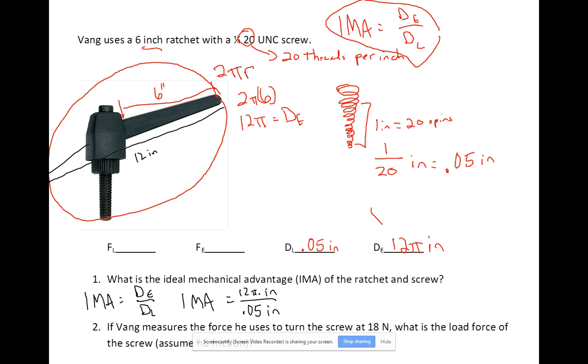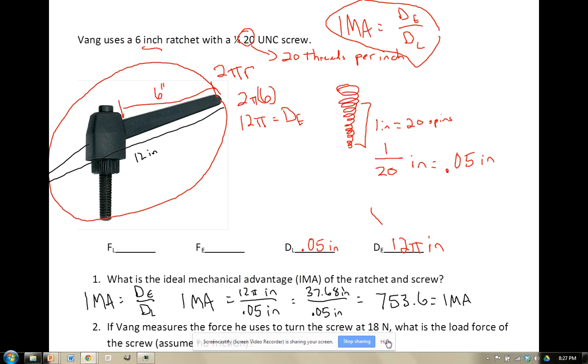We'll multiply by 3.14 because that's about pi, and we'll get 37.68 inches over 0.05 inches. That's going to give us our mechanical advantage. So we take 37.68 divided by 0.05, we should get a big number, and we do. That's going to equal 753.6. That is our ideal mechanical advantage of this screw and ratchet system.